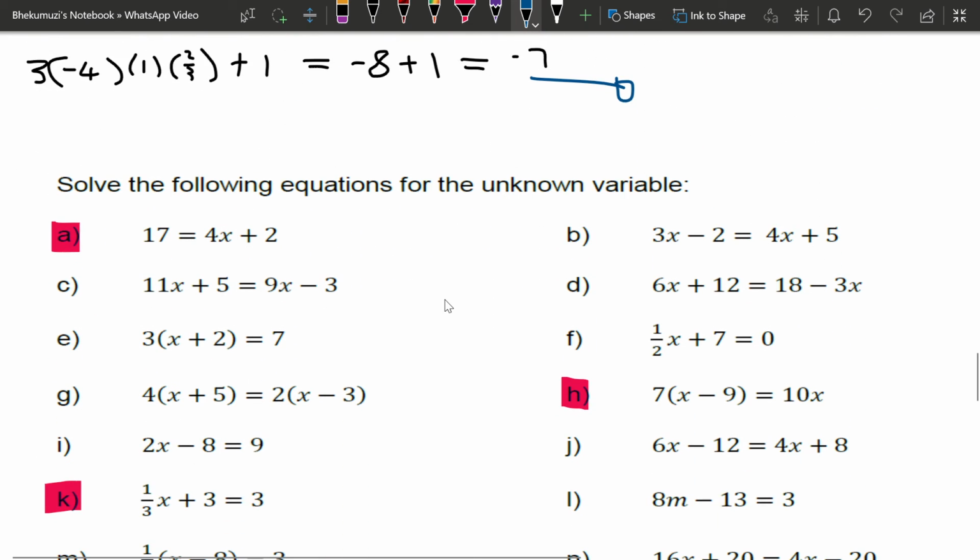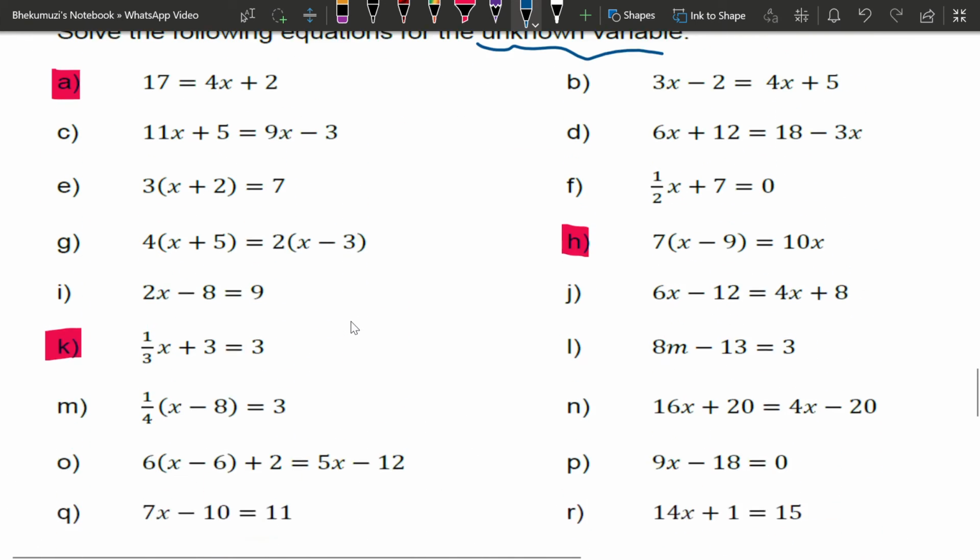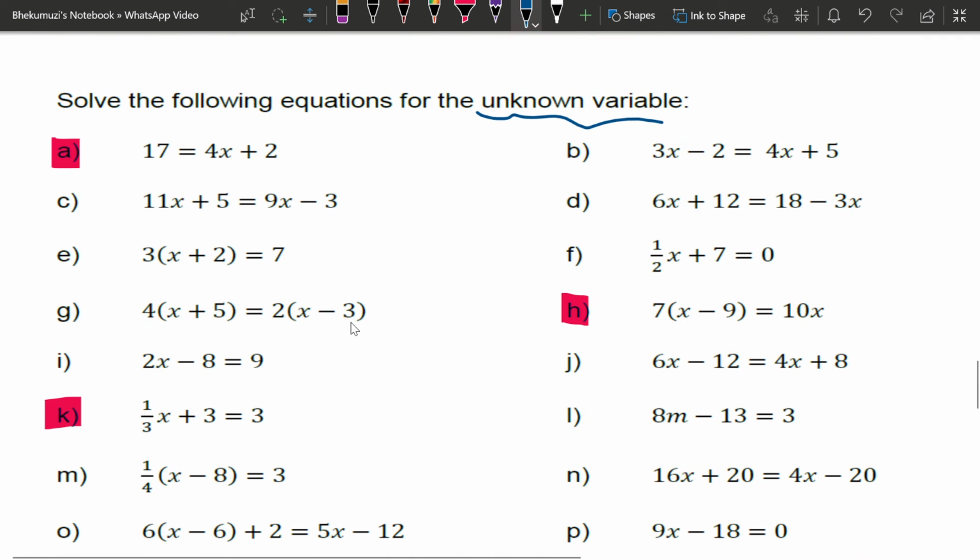Okay, and then we move on to the last part of the video, and this is what we call solving for the unknown variable, right? The general idea is that whatever you do on the left hand side, you must do on the right hand side. An analogy is to imagine you're on a seesaw, right?